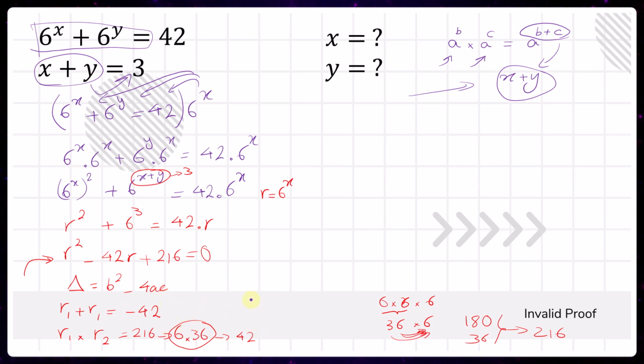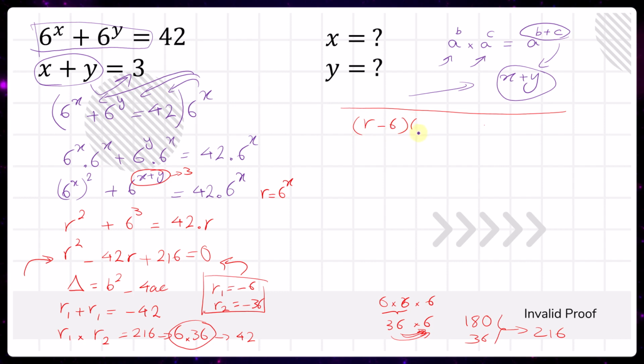So overall, it gives us r1 equals minus 6 and r2 equals minus 36, which gives us these factors. Let's rewrite it. It will give us (r minus 6)(r minus 36) equals 0. So the roots of this equation are r equals 6 or r equals 36.